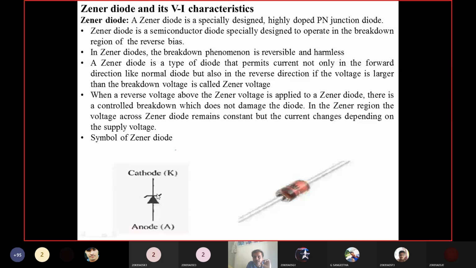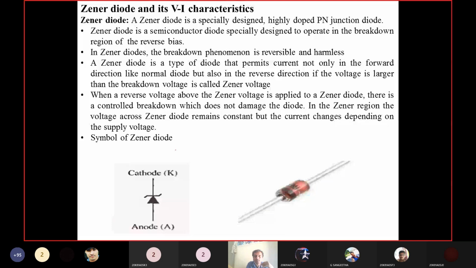Many ranges of Zener diodes are available. If you want to increase a particular voltage, they will be connected in series or parallel. Depending on the connection, we can increase it, and we can make a particular voltage constant, depending on the voltage we need.